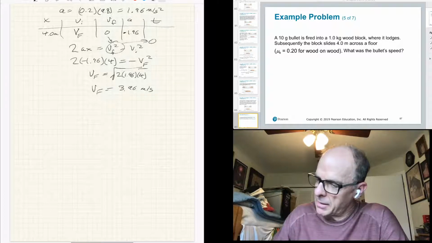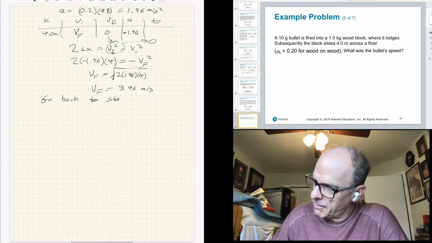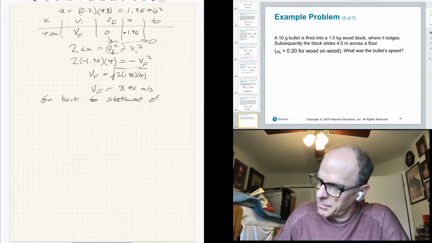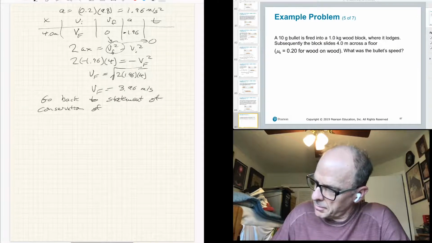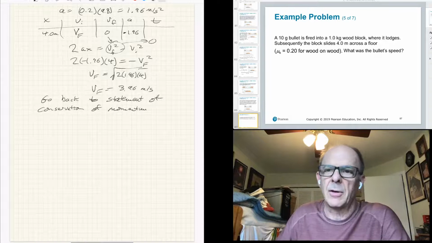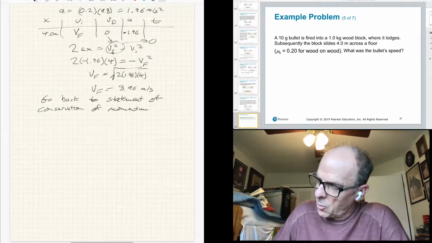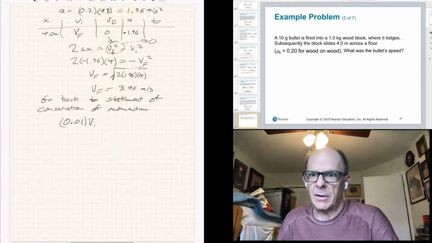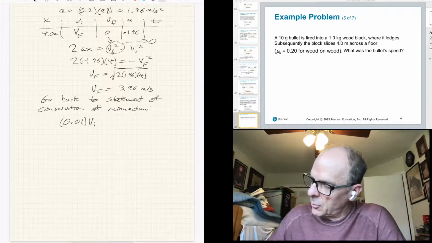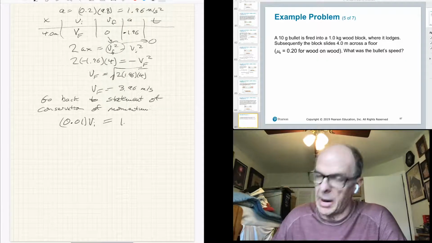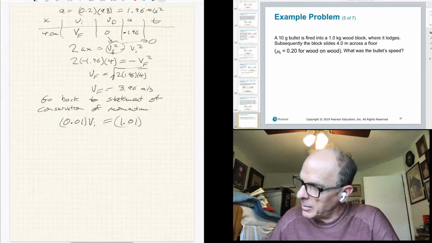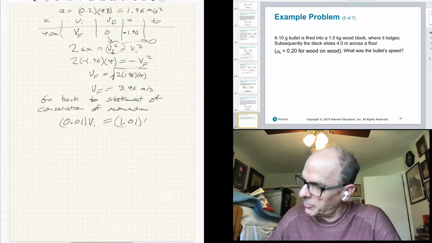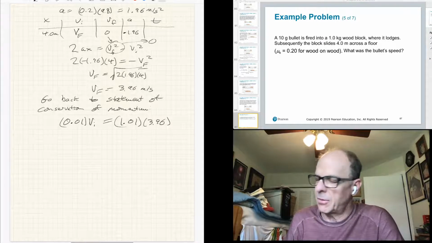So now I go back to my statement of conservation of momentum. Which was that 0.01, the mass of the bullet, times VI, the velocity of the bullet, which is the thing I'm ultimately trying to figure out here, is equal to 1.01, the mass of the block plus the bullet, times 3.96, how fast those two things are moving after the fact.